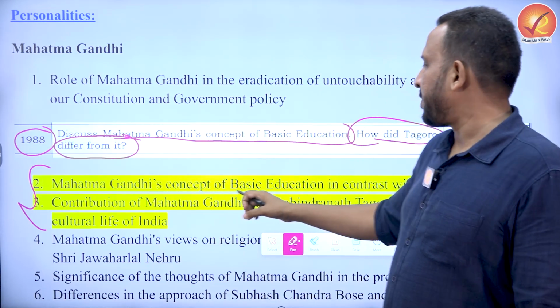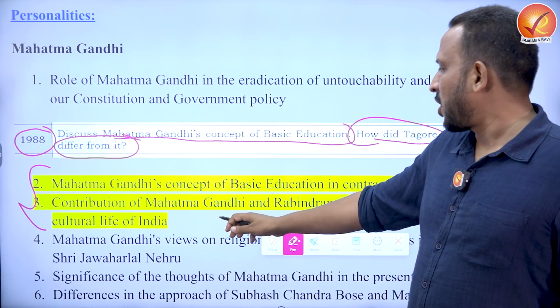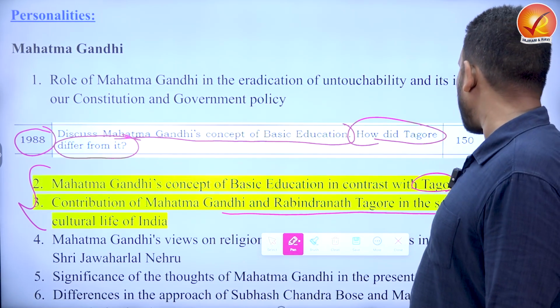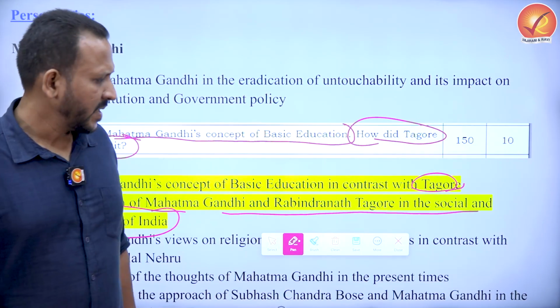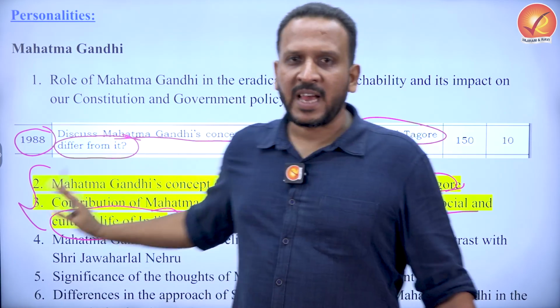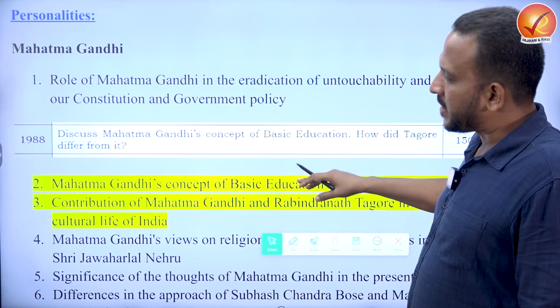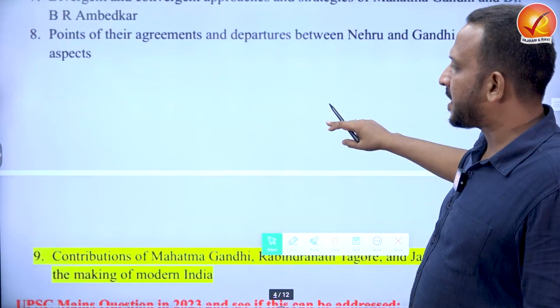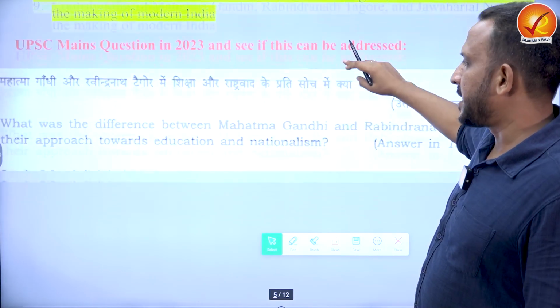Mahatma Gandhi's concept of basic education in contrast with Tagore. Contribution of Mahatma Gandhi and Rabindranath Tagore in the social and cultural life. Right? So these are the themes I have prepared. Now see, how was it helpful in 2023? See this question.